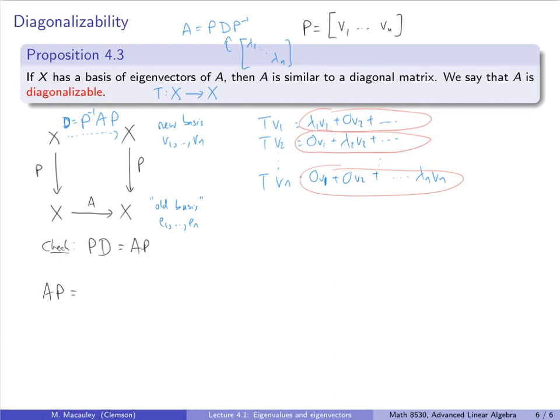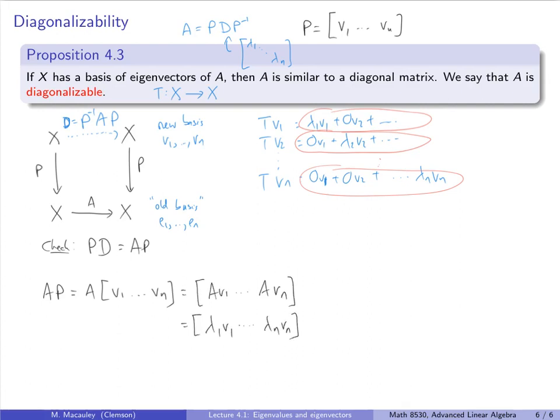So A P is A times V1 up to Vn. Remember, that's what P is. It's the matrix of the eigenvectors. So we can move A inside, and these guys are column vectors. So this is A times V1 up to A times Vn. And now since these are eigenvectors, I can write this as lambda 1 V1 up to lambda n Vn.